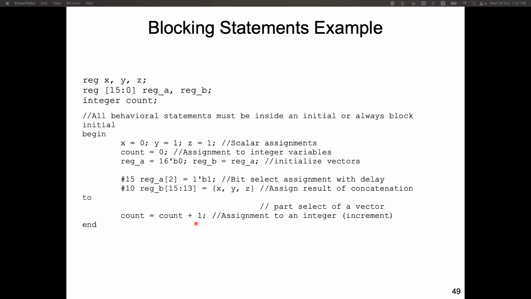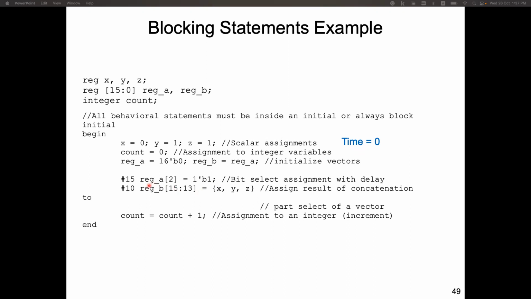And the simulation times at which the statements are executed are given as follows. First, for this bunch of statements, they are all executed at time equal to 0, but in different order. The first statement first, second statement second, and so on. But they are all executed at time equal to 0 in the simulator.